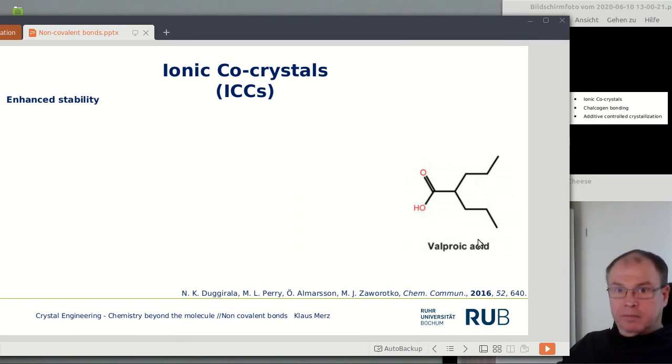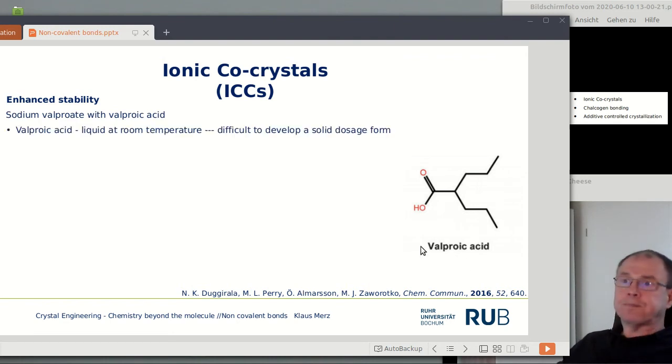Another example, looking at stability. If you look here at valproic acid, it is a liquid at room temperature. Liquids are generally not the optimized form of a drug. In general, we try to get a solid. It's much easier to handle and to dose.